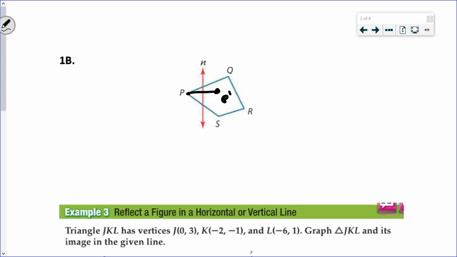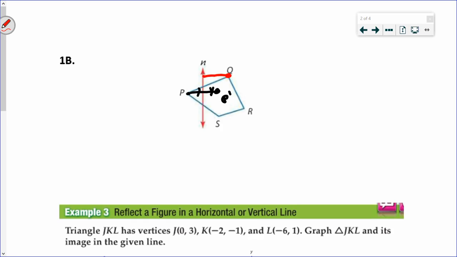Again, we're going the same distance from N on either side, and I've tried to do that as accurately as I can here on the board. We're going to want to do that same thing with Q, R, and S, just estimating here how far Q is.